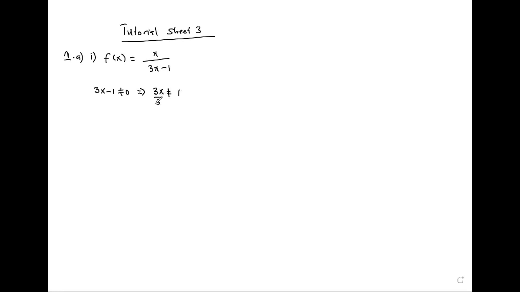Meaning, if you divide by 3, x should not be equal to 1 over 3. So our domain is any value of x, provided that x is not equal to 1 over 3, but x is a real number. Okay, that's what we call the domain. So don't care about the numerator, for as long as the denominator is not 0, then the function will be defined.